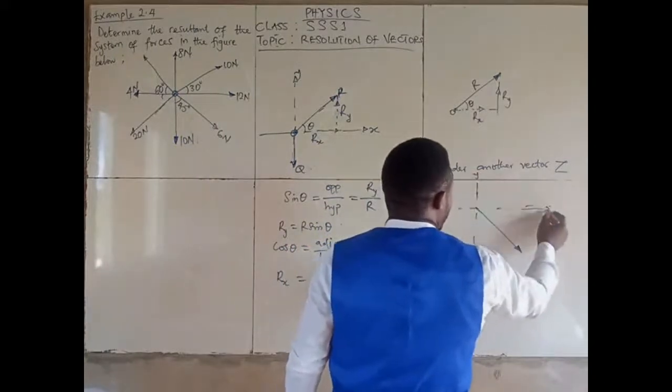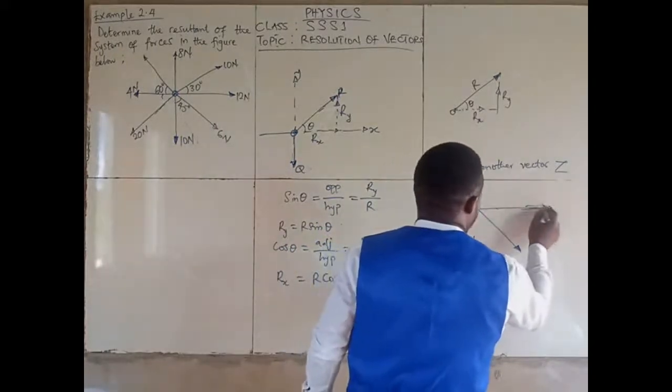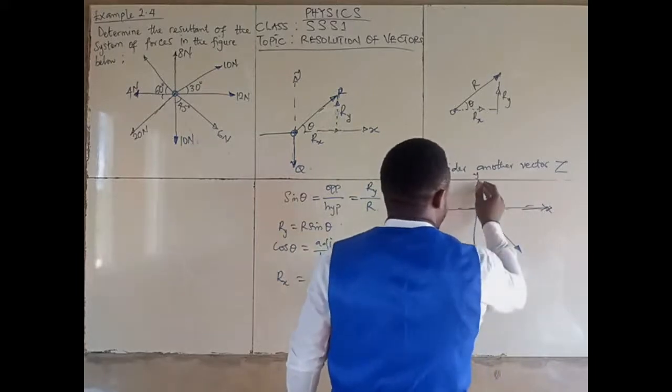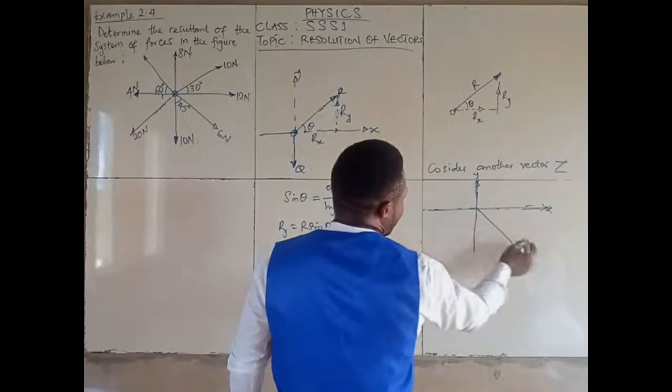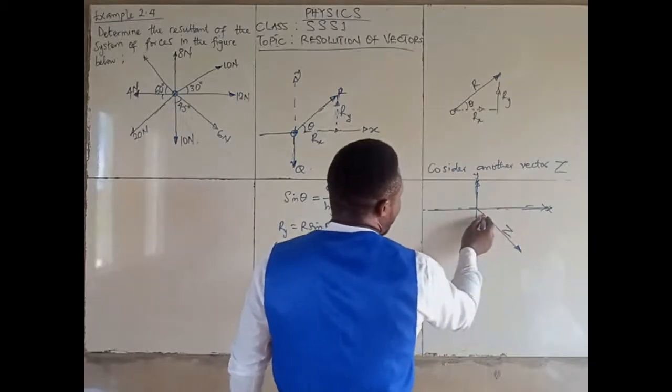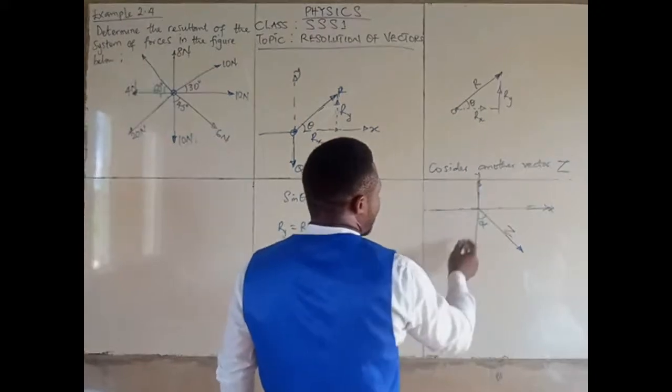Y axis, x axis. So let's say we have vector Z forming an angle alpha with our y axis.